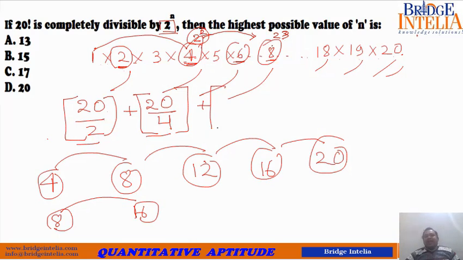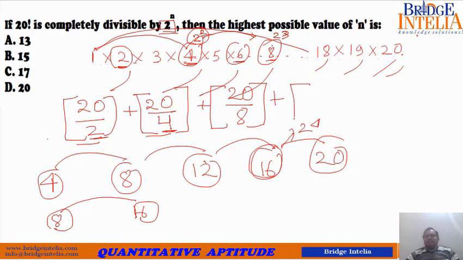Now I am going to every 8th number. So can you see a pattern is getting created. Similarly, next time you are going to go for every 16th number, 16, 2 to the power 4. So a pattern gets created.